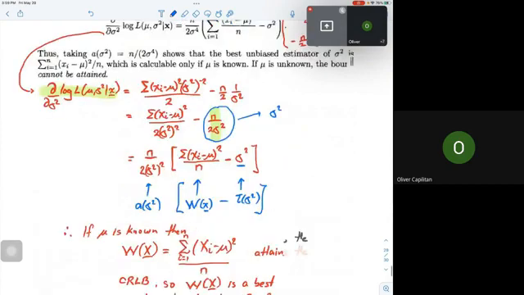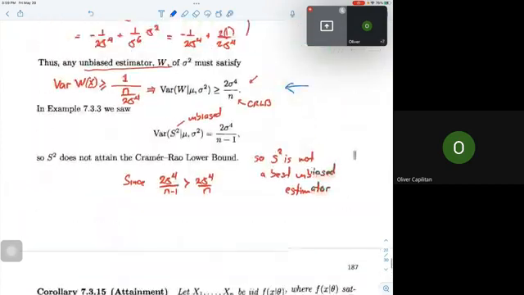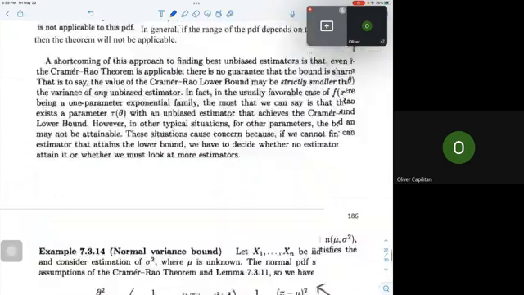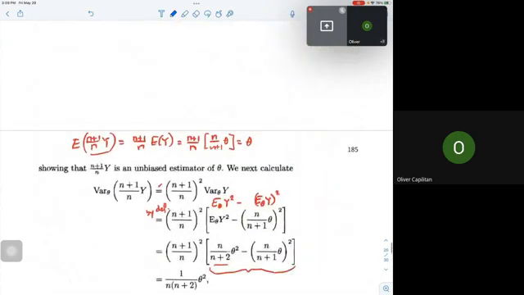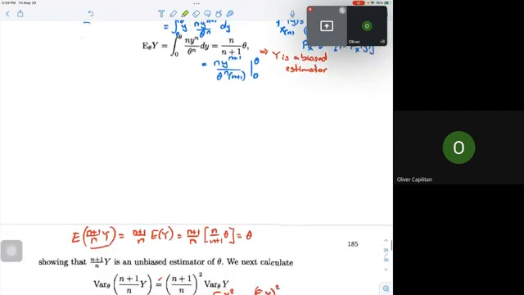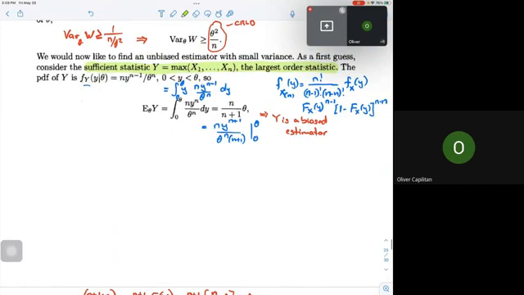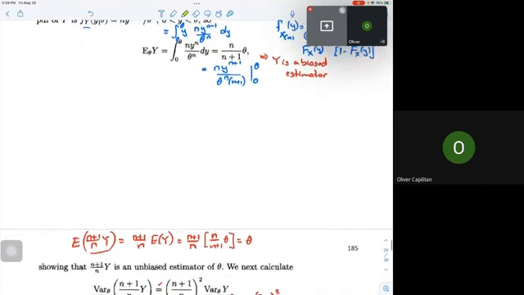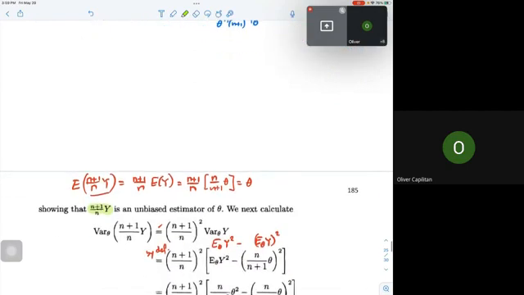Ito, kung gusto niyo tingnan, we use the sufficient statistic in this example. We have here a sufficient statistic y, the largest. And then for this sufficient statistic, we have a function of our sufficient statistic. Ito yun, the function of our sufficient statistic that would result to unbiased estimator of theta.